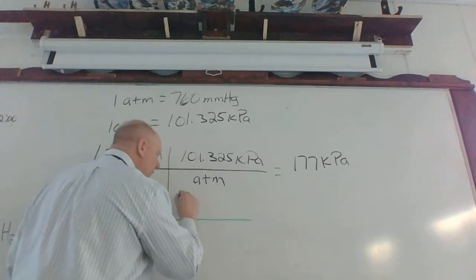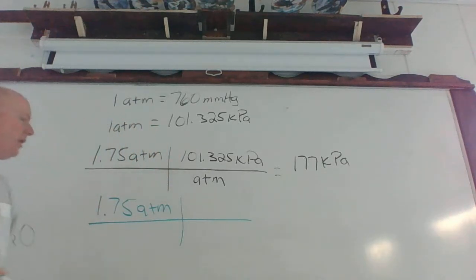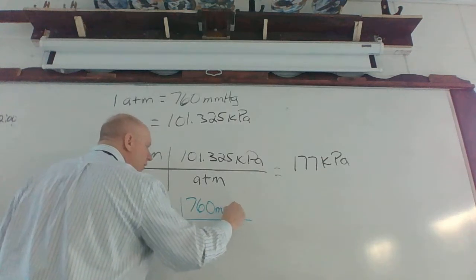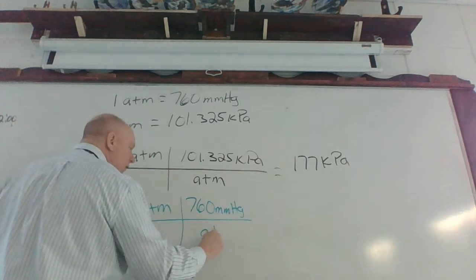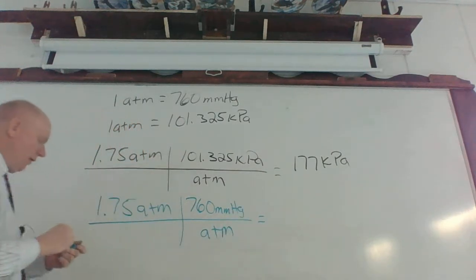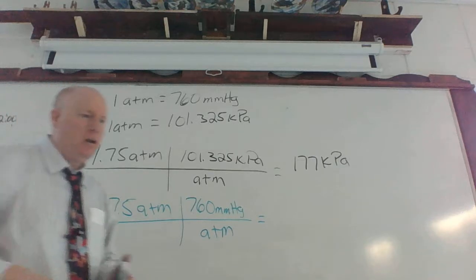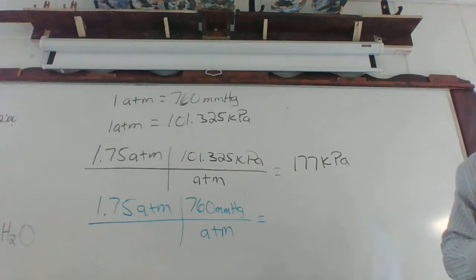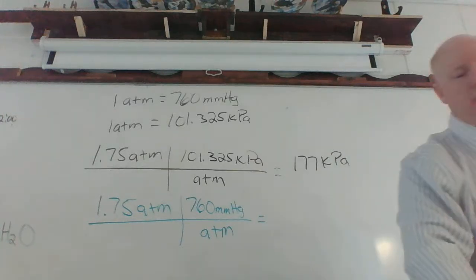So in this step, how many millimeters of mercury are in an atmosphere? 760 mmHg to an atmosphere. Therefore, we said we're supposed to get about 1330. Probably no surprise, we take 1.75 times 760 and we get 1330.